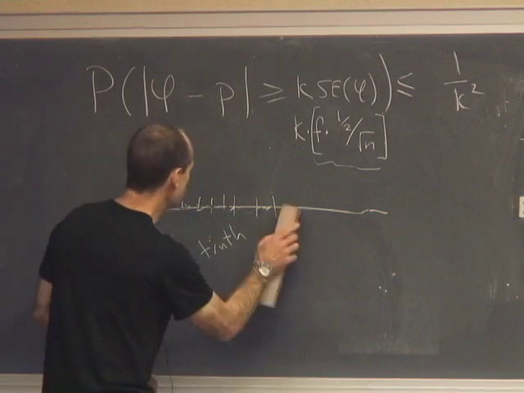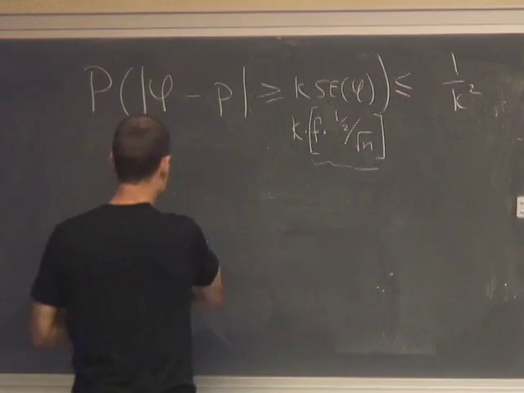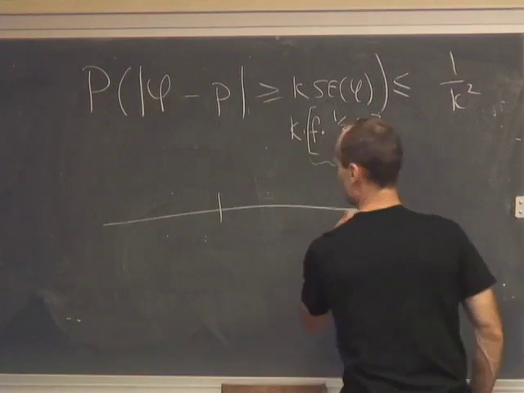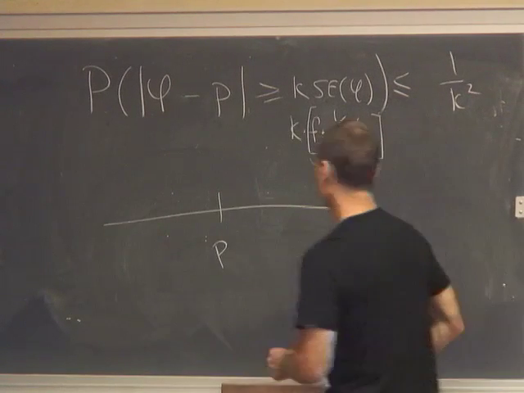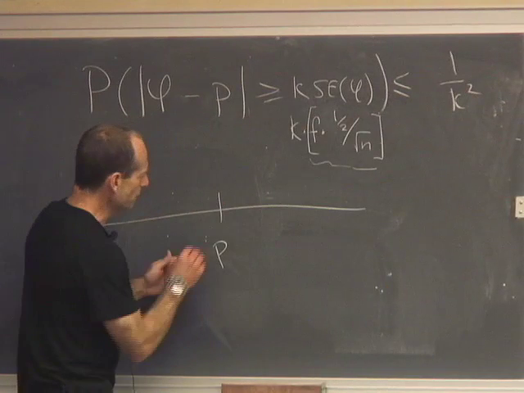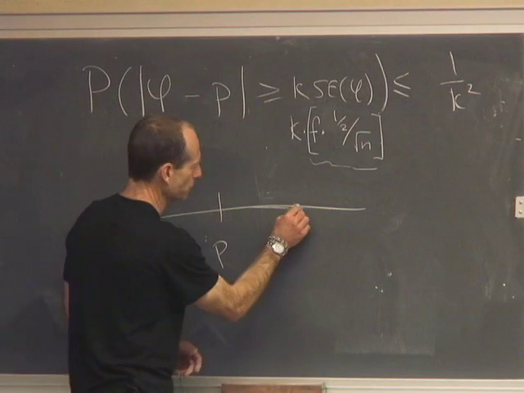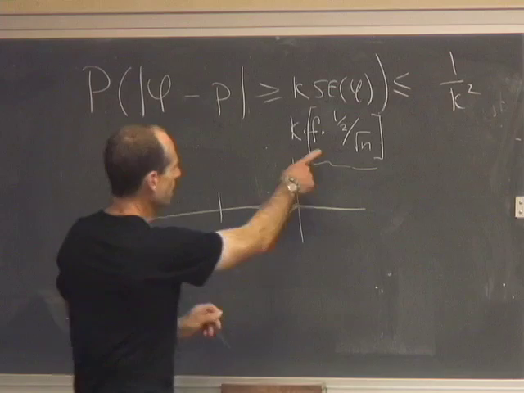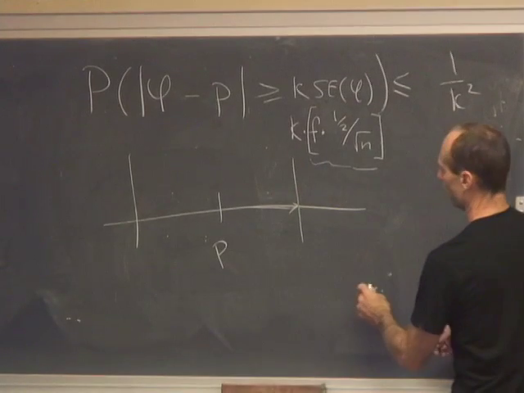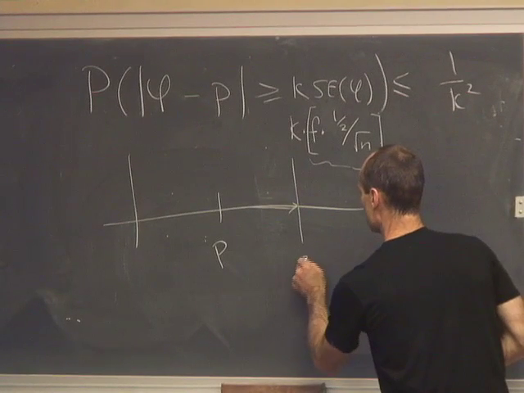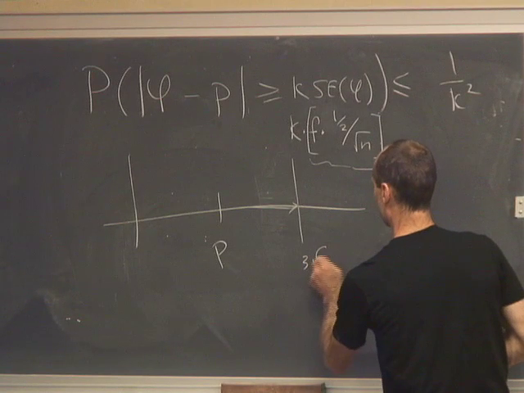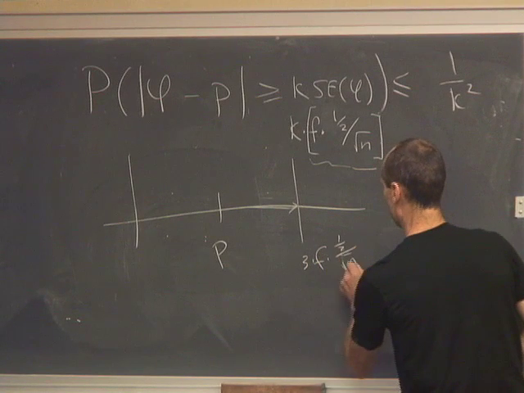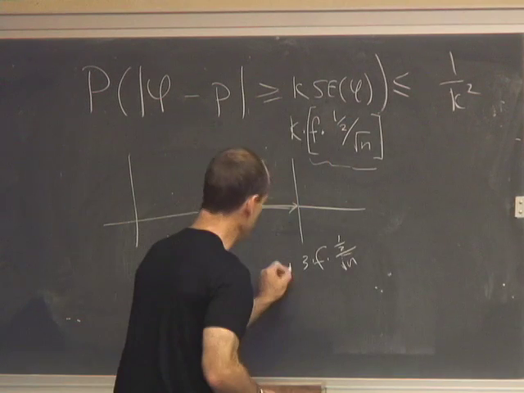Let's draw this again. Here's the population percentage p. And let's say this is p plus or minus 3 times f times a half over root n. So this is 3 times f times a half over the square root of n, and that's p plus that.